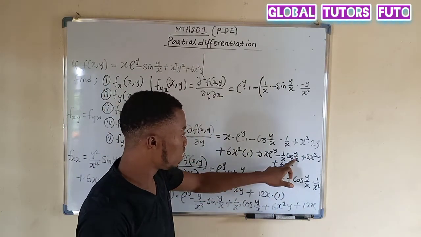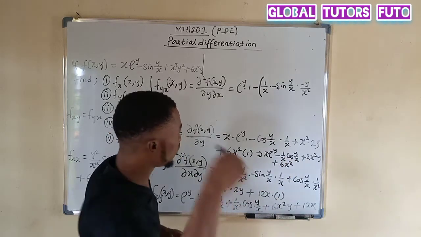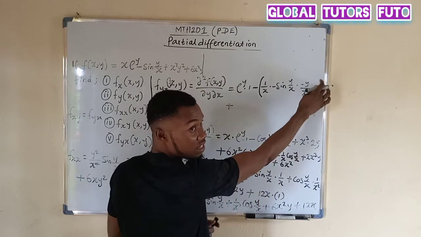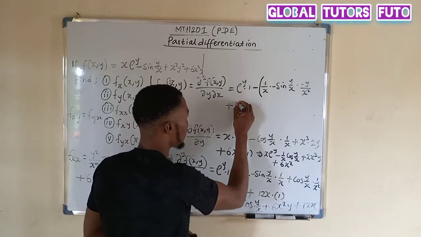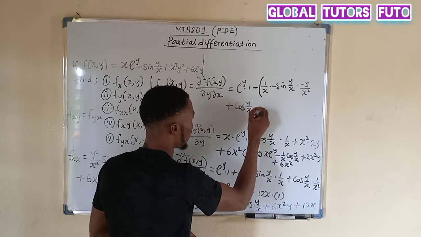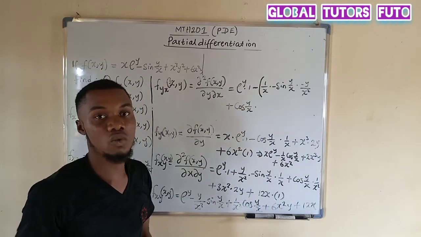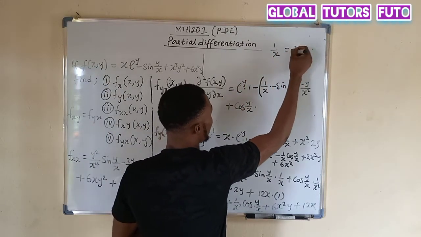Now next, we'll keep this one constant and differentiate this. So plus. This plus is still here, there is no space. So plus, we'll now keep cos y over x constant and differentiate 1 over x. Differentiating 1 over x with respect to x, you know that 1 over x is the same as x to negative 1.